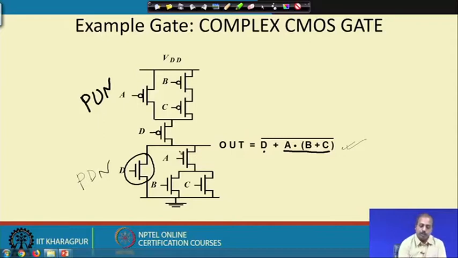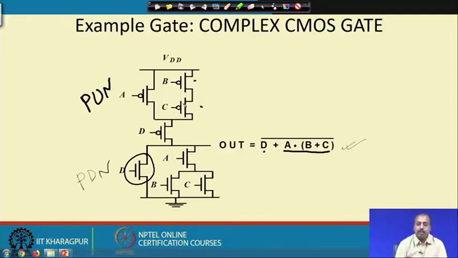If you look into the example, D is in parallel with this part in the pull down network. So, in the pull up network D will be in series with the remaining part. Similarly, B and C are in parallel in the pull down network, so in the pull up network they are in series. Similarly, with this B and C, A is in series in the pull up network, whereas in the pull down network A is in parallel with this B and C portion.